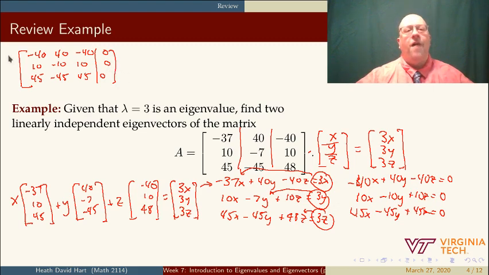If I divide this row by negative 40, and divide this row by 10, and divide this row by 45, then all three rows become 1, negative 1, positive 1, 0. And I can use the row on the top to cancel the other two rows.